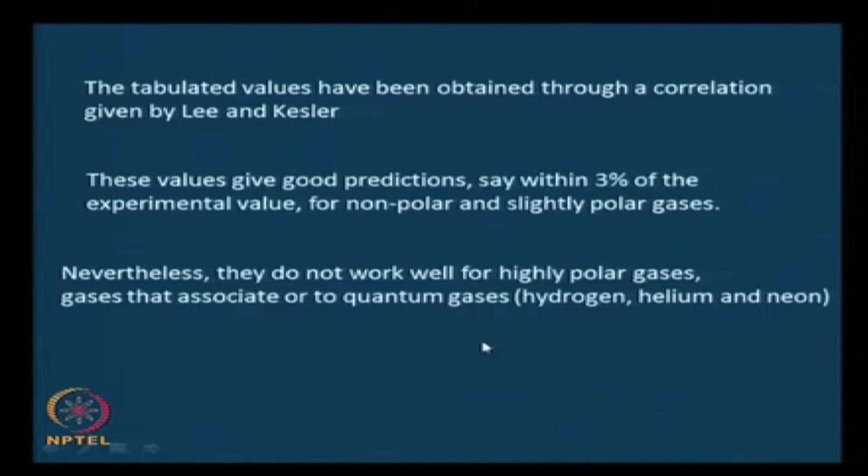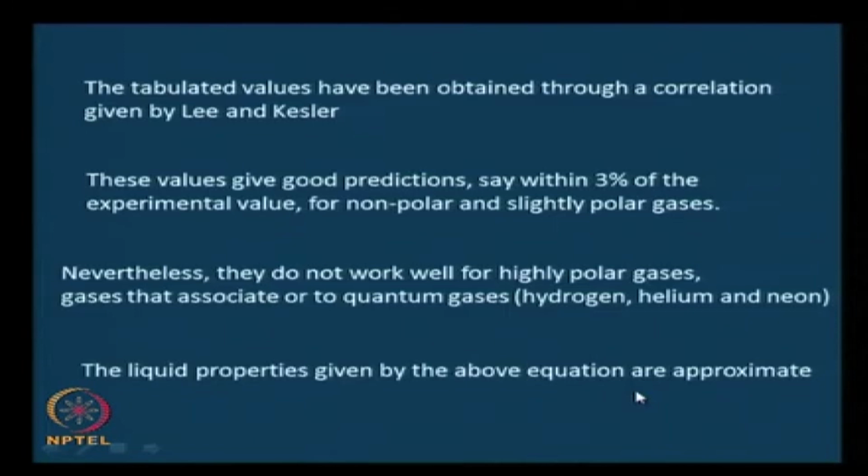They work well for most cases when we use the Z equals Z0 plus omega times Z1 formulation. The predictions are within 3% of the experimental value for non-polar and slightly polar gases. Well, they do not work as well for highly polar gases or gases that associate, or quantum gases such as hydrogen, helium and neon.